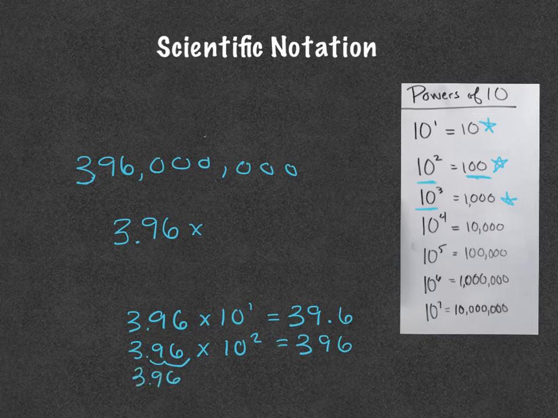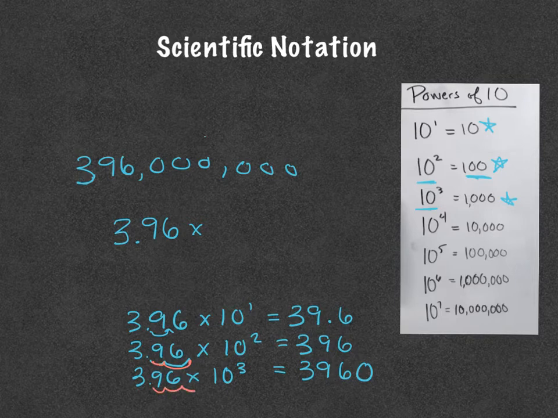Then 3.96 times 10 to the third would be 3,960. If you notice the pattern here, for times 10 to the 1, we're moving it 1 place. For 10 to the 2, we're moving it 1, 2 places. For 10 to the 3, we're moving it 1, 2, 3 places, like little frog jumps. Technically what we're doing is multiplying it times 100 or 1,000, right? But the shortcut or the number pattern here is that we're moving our decimal.